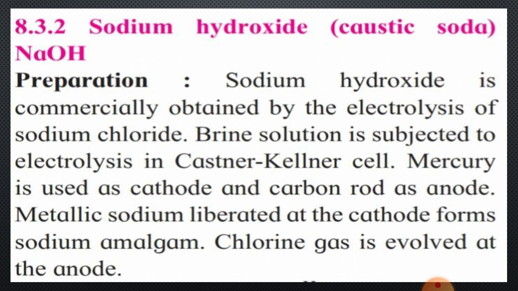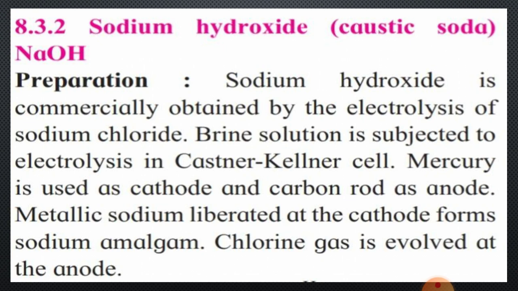So, brine solution is subjected to electrolysis in the Castner-Kellner cell. Here, it is an electrolytic cell where mercury is used as a cathode and a carbon rod is used as an anode.